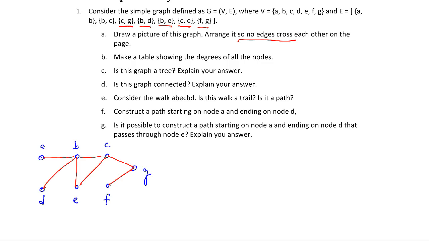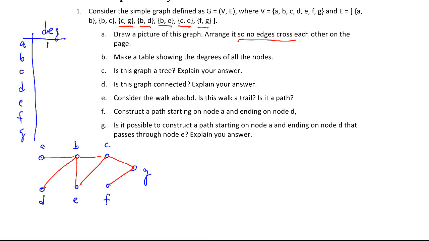Next it asks us to make a table showing the degrees of all the nodes. The nodes are A, B, C, D, E, F, and G, and here are their degrees. A has degree 1.